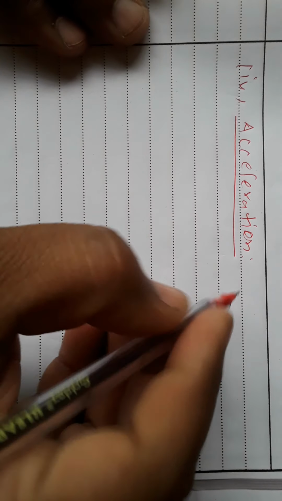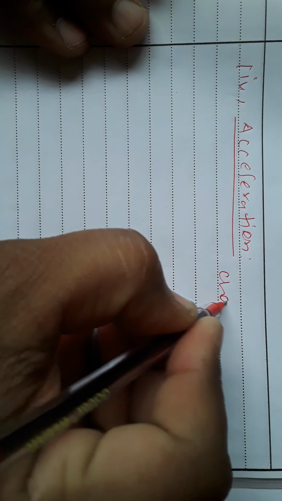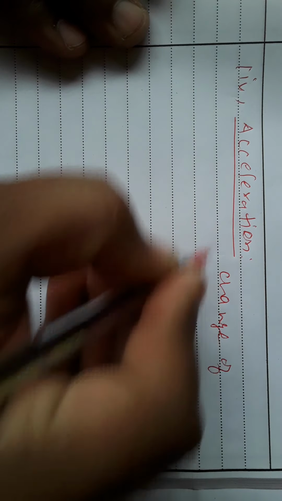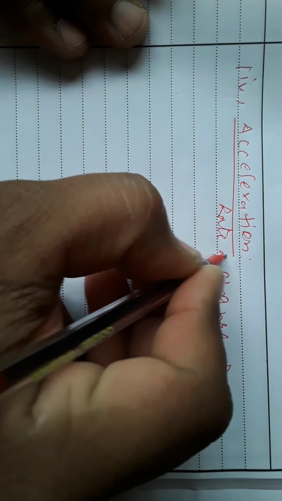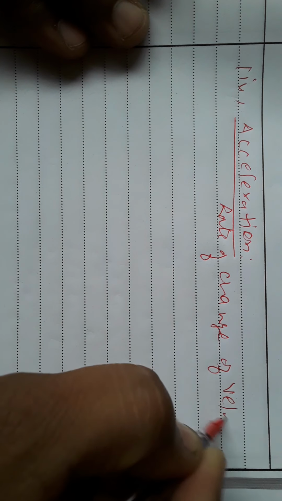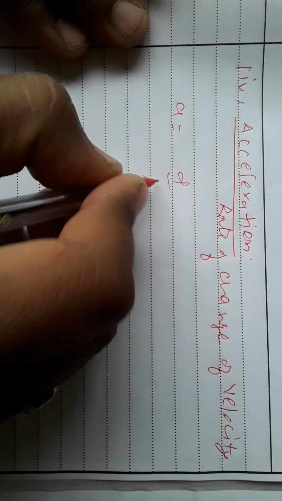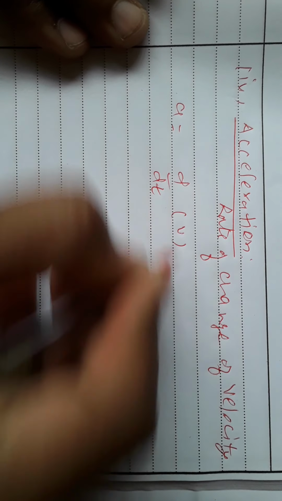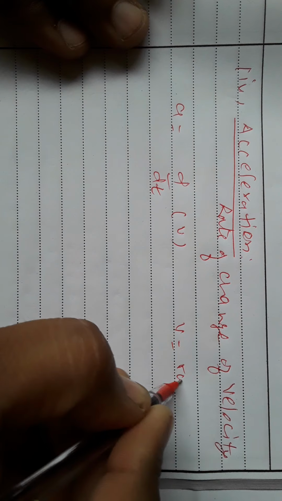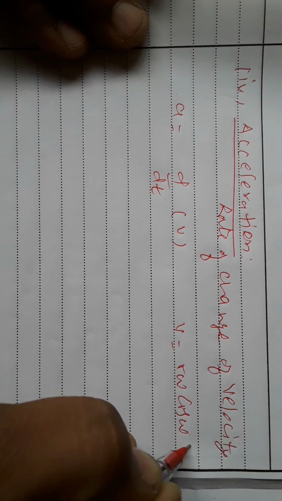Next is acceleration. It is defined as rate of change of velocity. So we can write here a is equal to d by dt of v. In the last topic, we proved v is equal to r omega cos omega t.